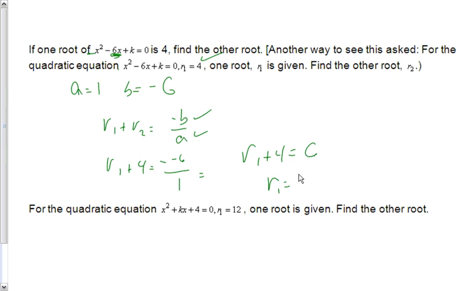What does it have to equal? 2. We can do the same thing here, but this time I don't know anything about b, so I need to use the product. So we'd do that if we had more time, but you can see it's a simple thing we can use to generate our quadratics or find our missing roots. You see what you got, and you can see how you can use these two formulas. Later, guys.